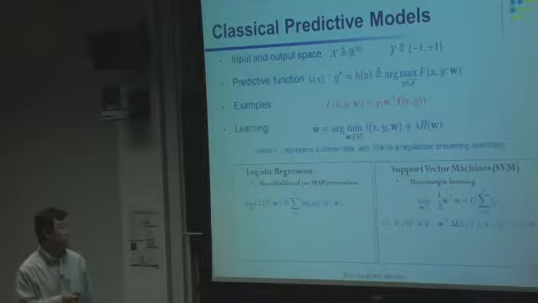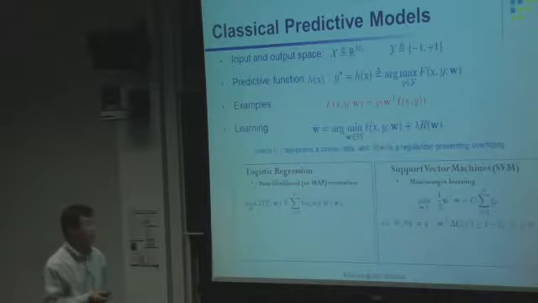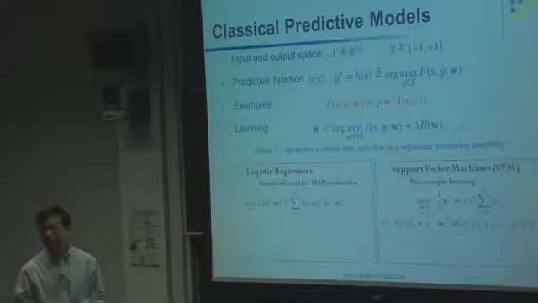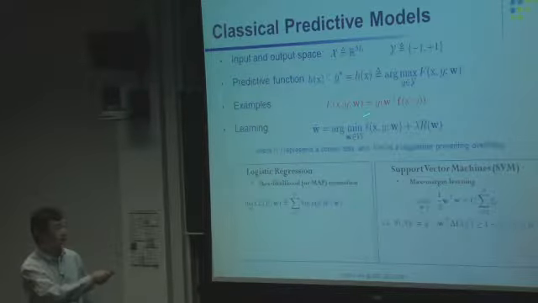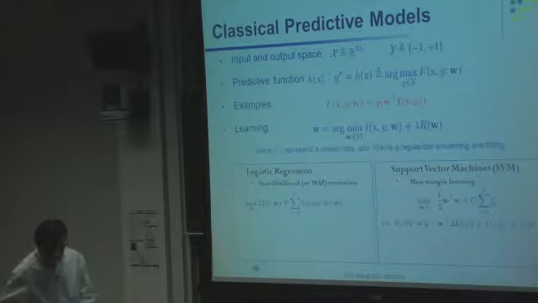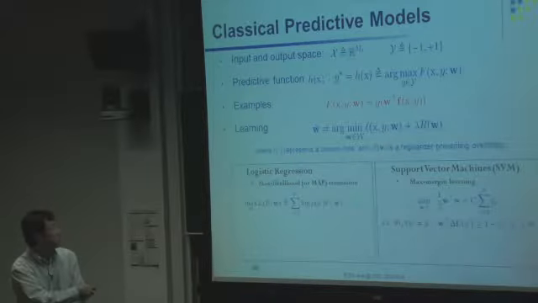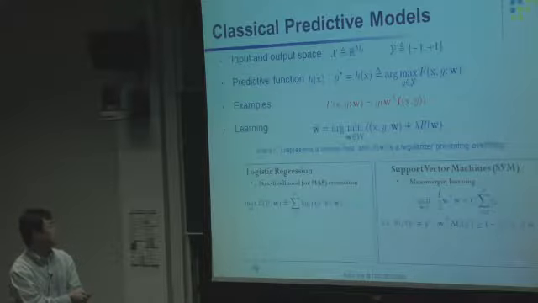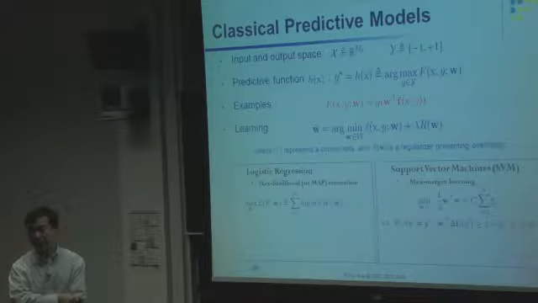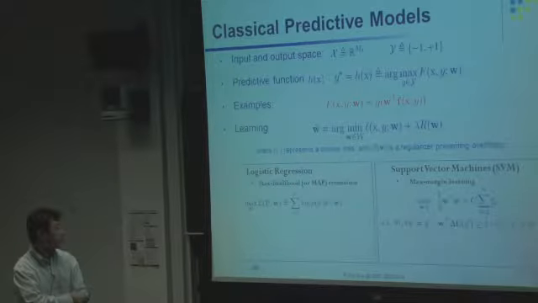Just to make things more concrete, here are examples that you already know from 701, which fall nicely into this picture. For example, if you choose the loss function to be the conditional probability of the label given the data, then you are working on logistic regression, right?